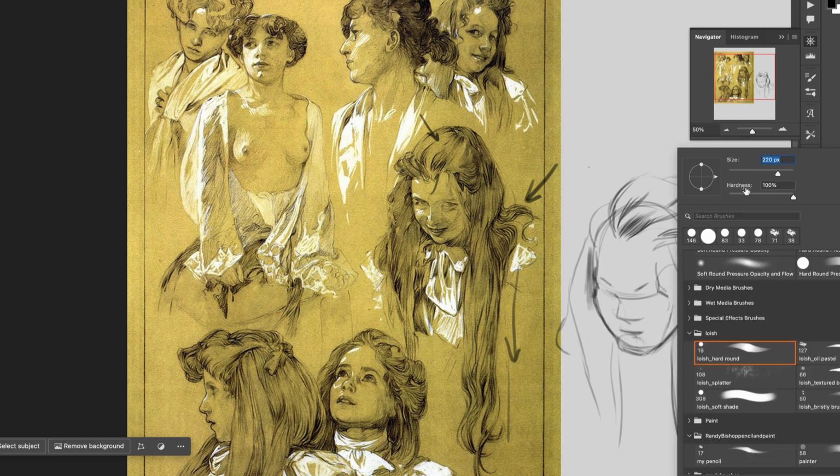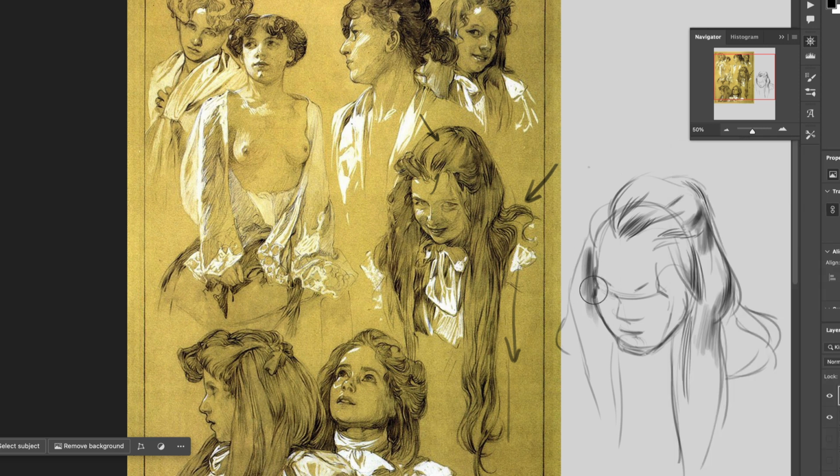Make this a little bit bigger. Okay, so he did put some gray values in there for the hair.